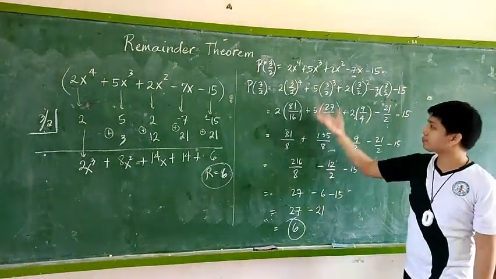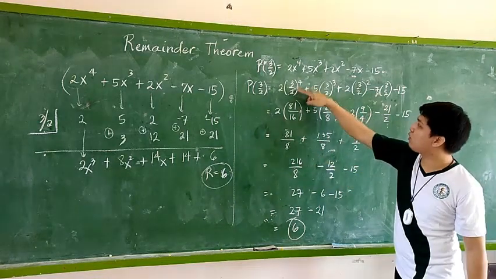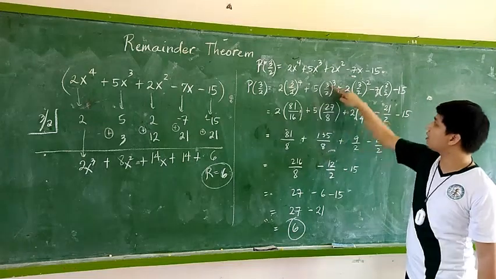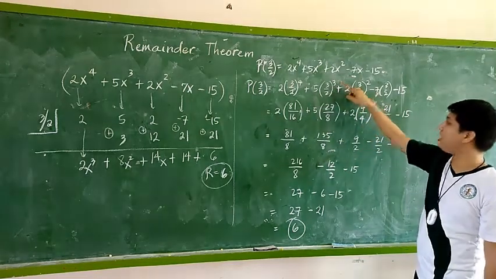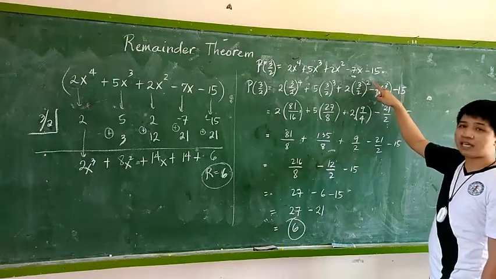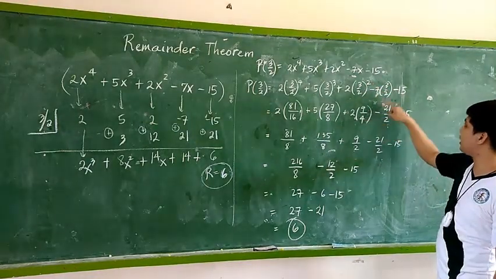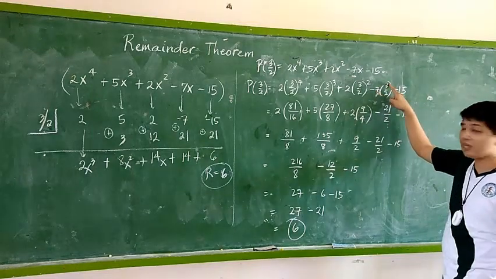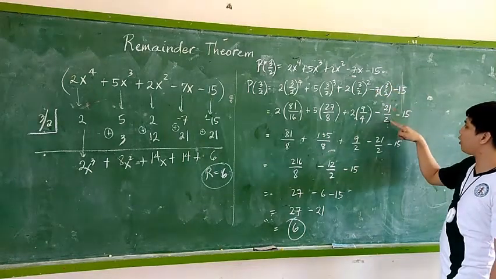And then, simplifying 3 over 2 raised to the 4th power, that's 81 over 16. 3 over 2 raised to the 3rd power, that's 27 over 8. 3 over 2 raised to the 2nd power, that's 9 over 4. And then 7 times 3 over 2, that's 21 over 2.